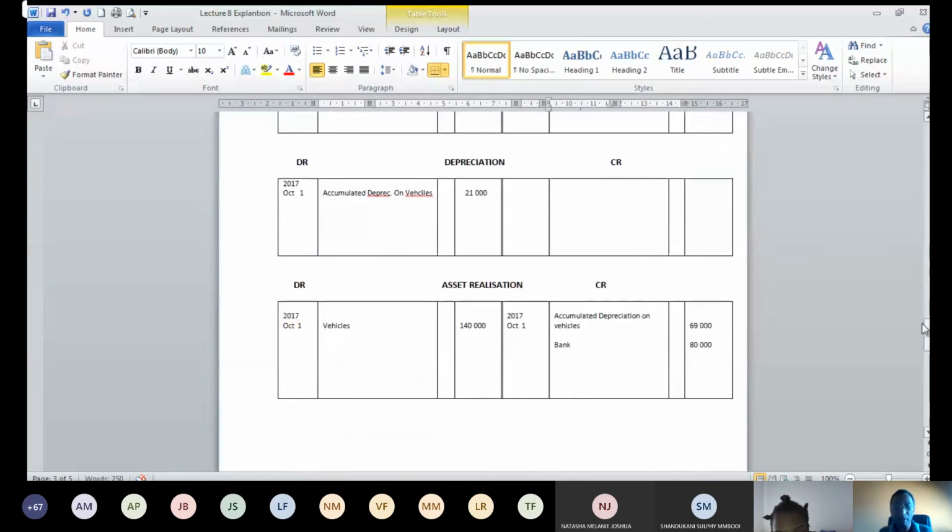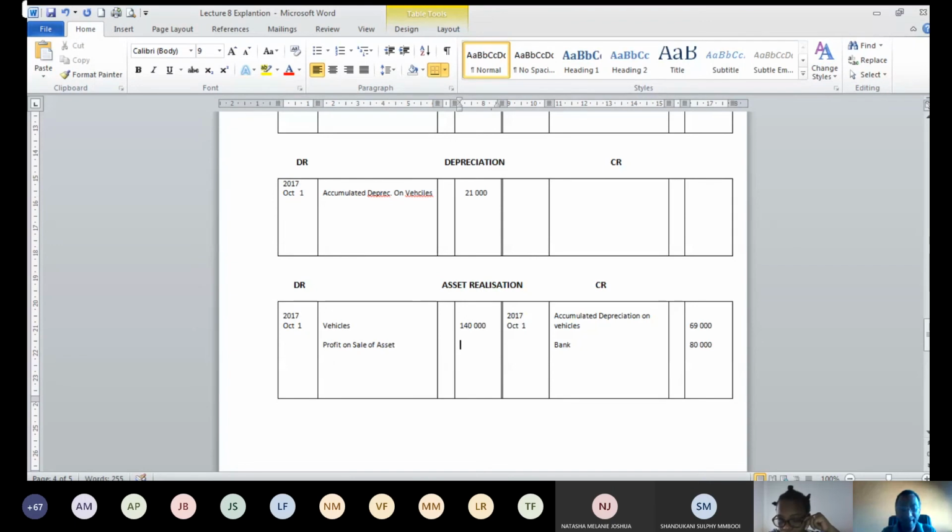I take this information now to my ledger now. I will have to debit my asset realization account with profit on sale of asset, and the amount is 9,000 rand.